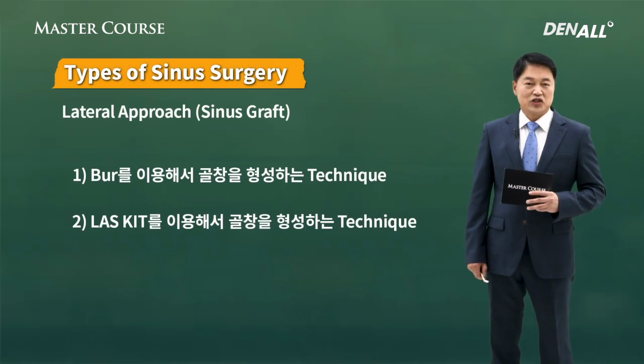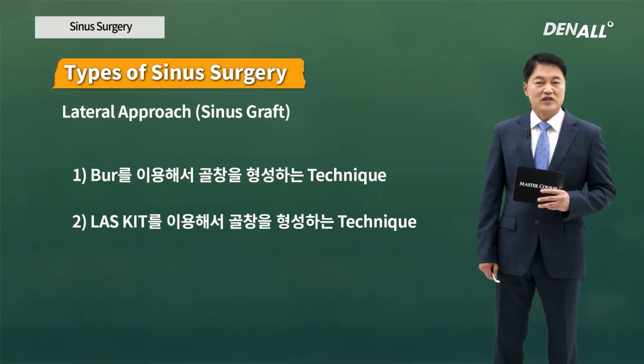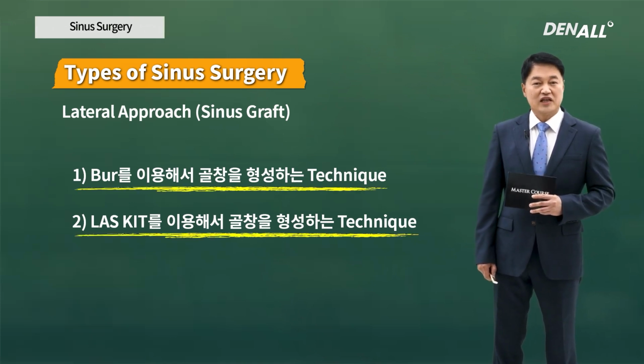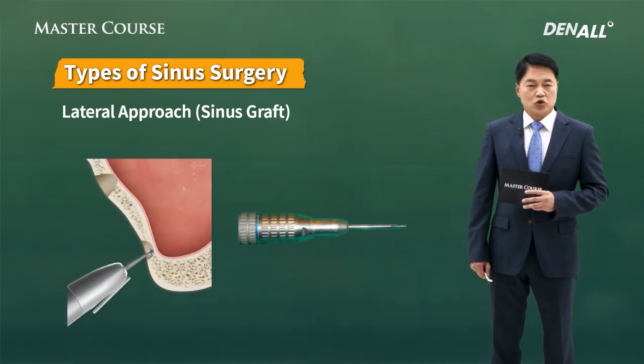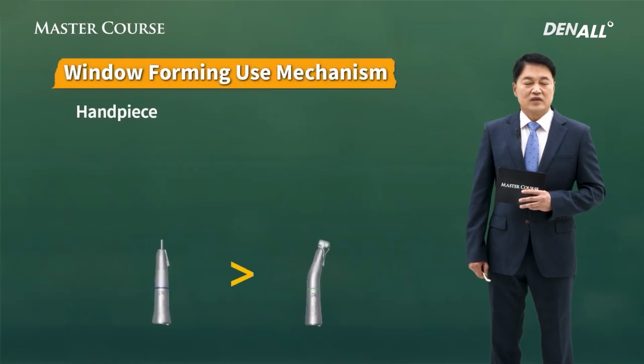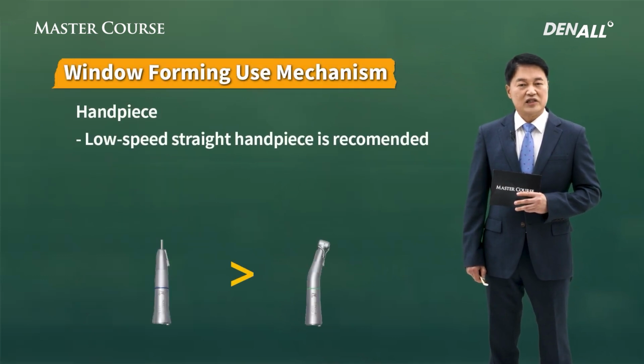Next, I'm going to talk about the lateral approach, in other words, sinus graft. As mentioned before, you use a burr or you can use the CAST kit to create the window. First, the traditional method using a burr. For the handpiece, you need to use a low-speed straight handpiece.